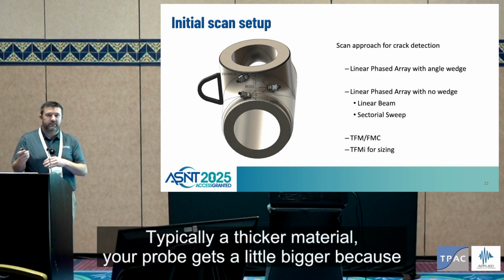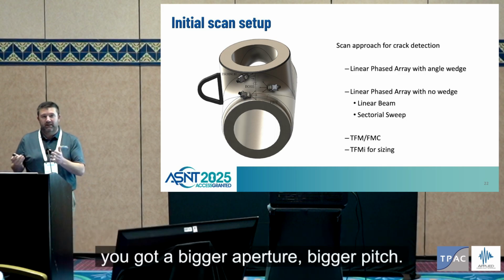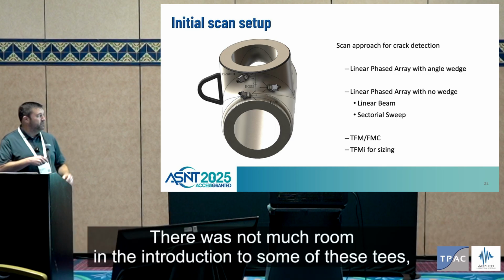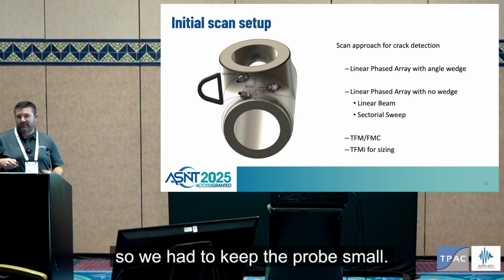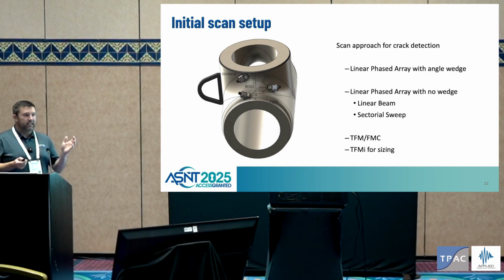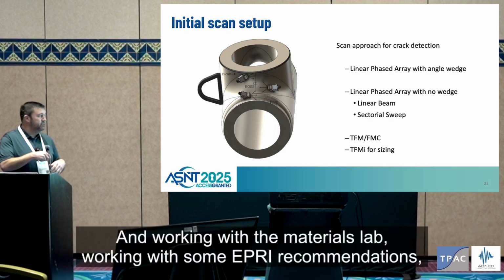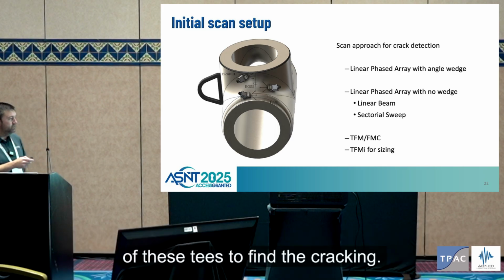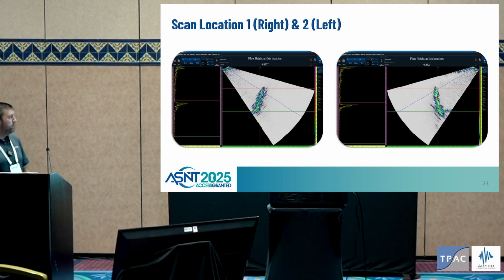Typically with thicker material, your probe gets a little bigger because you've got a bigger aperture, bigger pitch. Well, we didn't have that luxury here. There was not much room in the introduction to some of these Ts, so we had to keep the probe small. And working with the materials lab, working with some EPRI recommendations, we were able to come up with a technique that allowed us to get to the ID of these Ts to find the cracking.